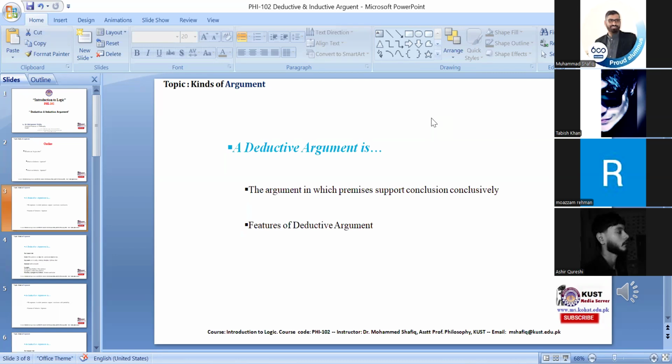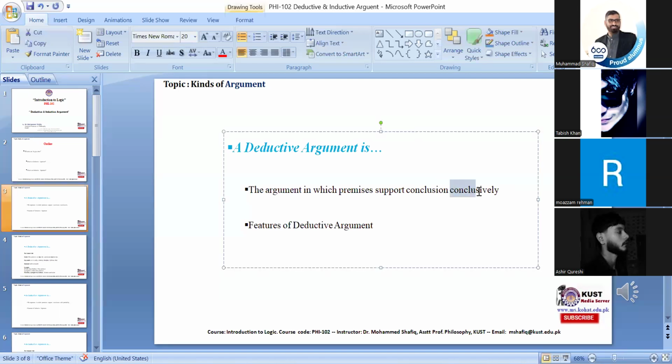Basically, it means any kind of argument, in order to be valid, there must be inference, obviously. So inference means that the premises should support conclusion. But the term conclusively here, that is the key. That means if the premises are true, the conclusion must be 100% true.